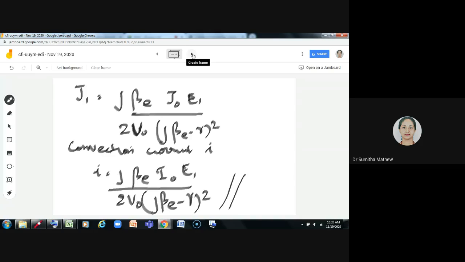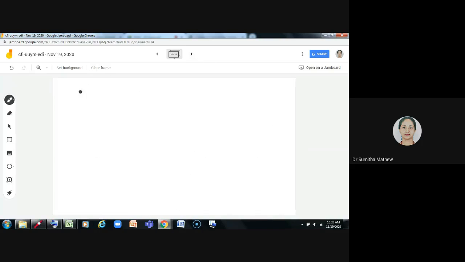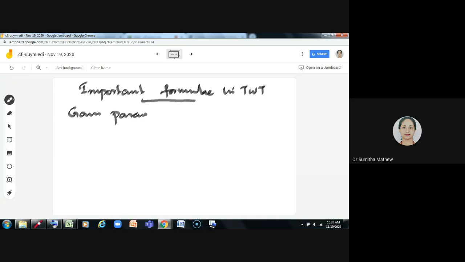We have learned two derivations, and certain important formulas in TWT you also have to learn, because you might be asked to work out problems. Simply write them down or learn them by heart. The gain parameter C is equal to I naught Z naught by 4 V naught raised to 1 by 3. Learn this formula.